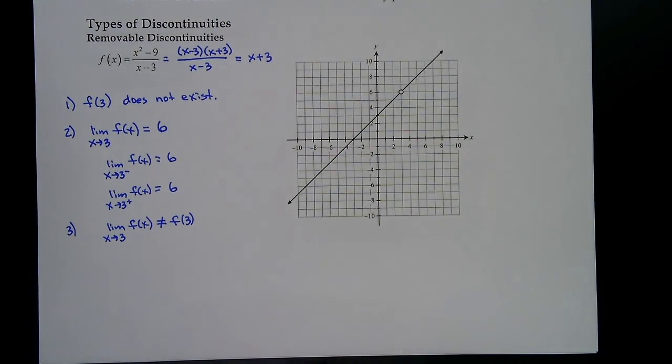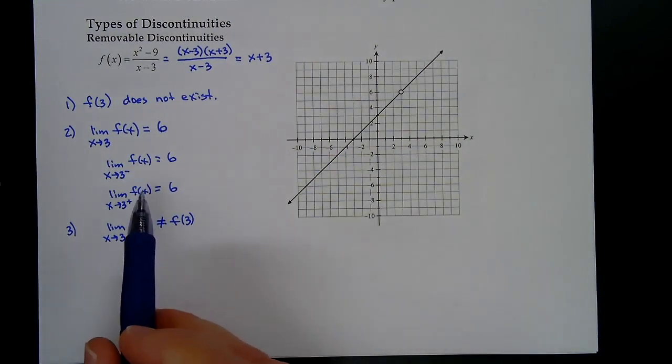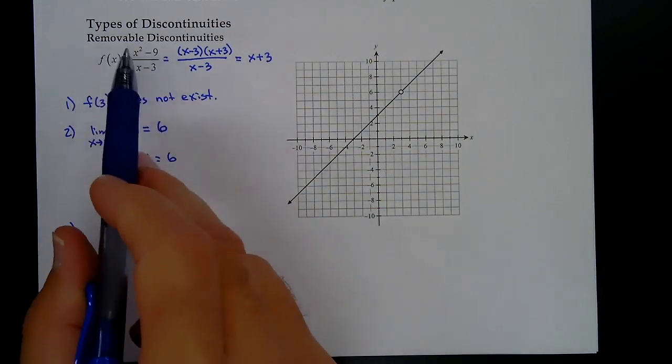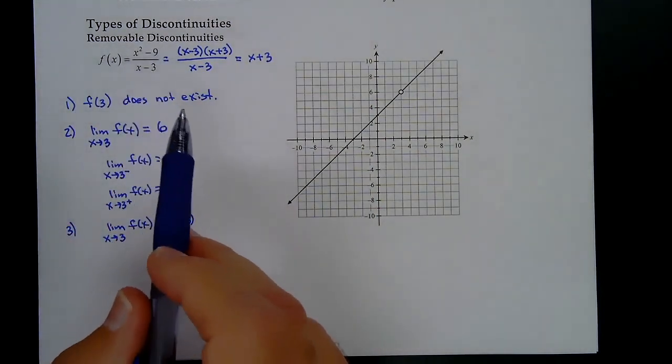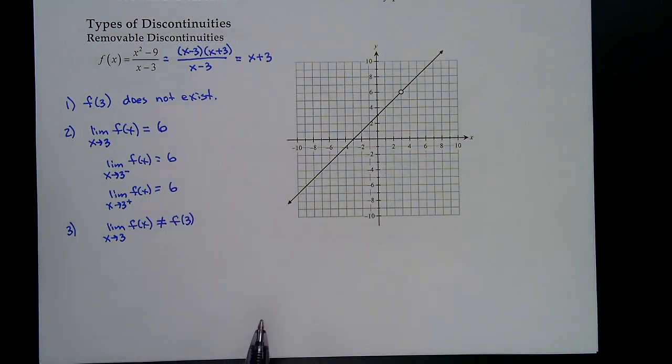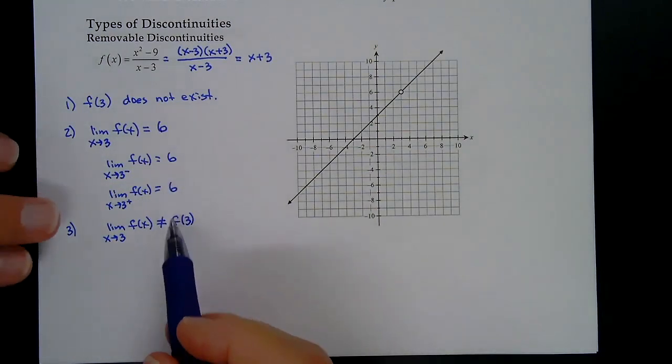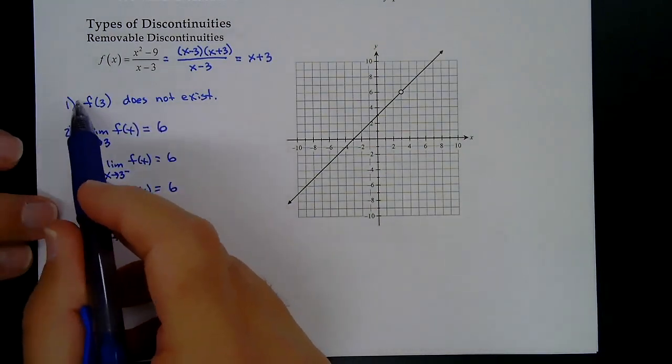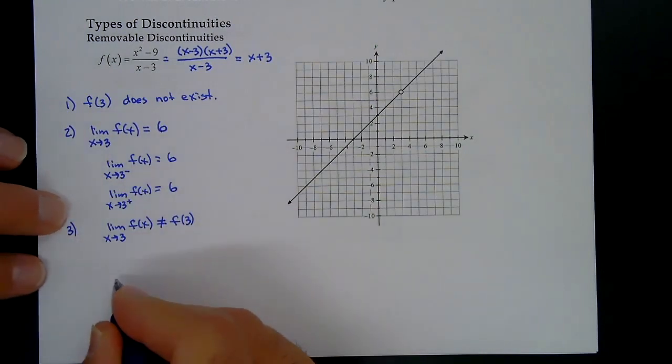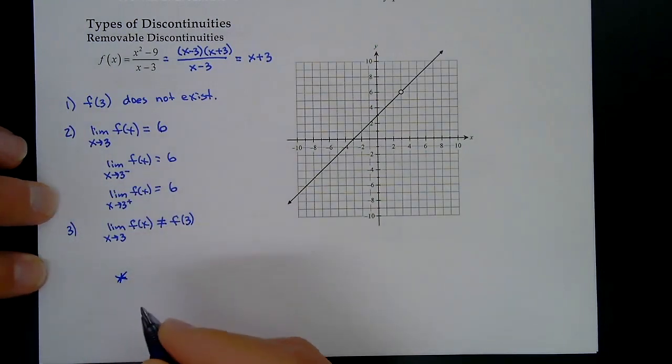All right, so here's how we know it's a hole. It's when the limit exists. So we will always have removable discontinuities when the limit exists, but either this one fails or this one fails. Okay, so let's write this, okay?